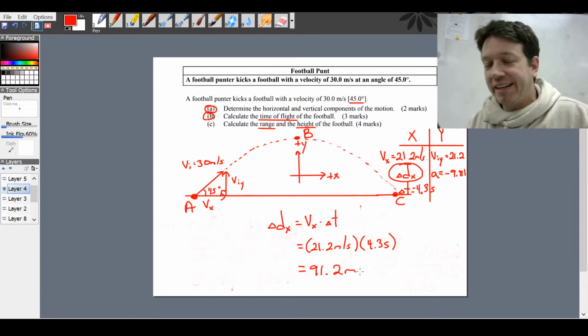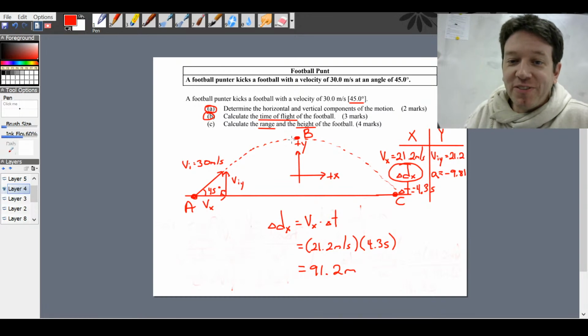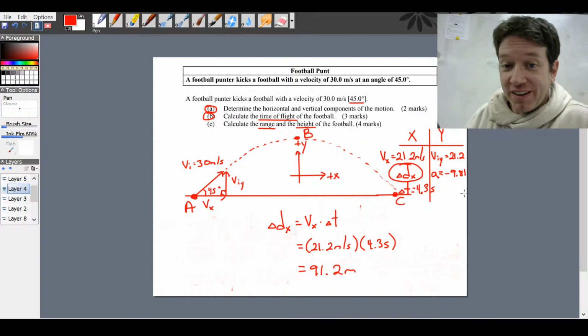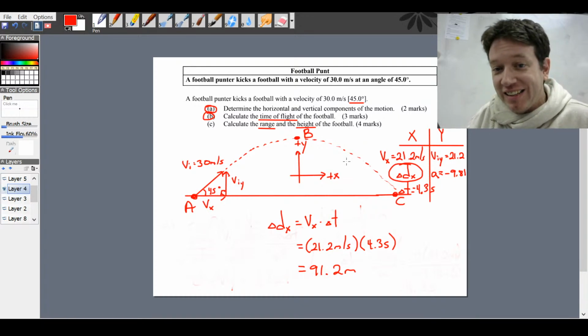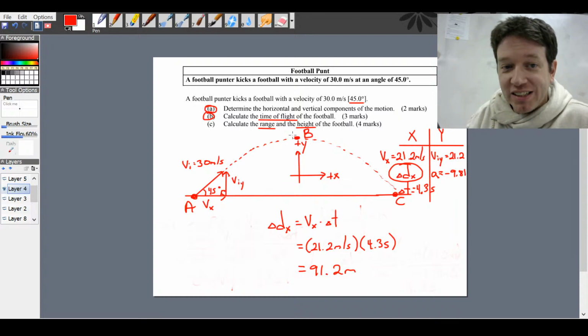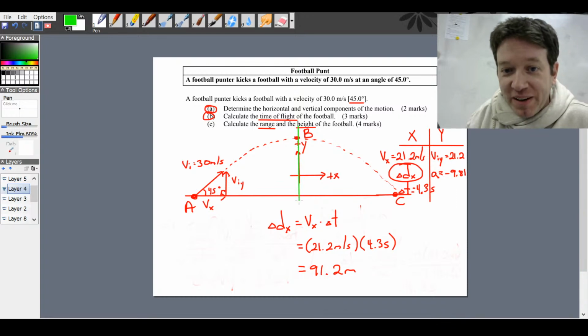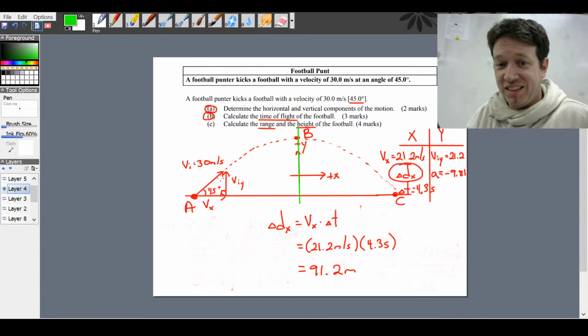Okay, that's easy. Now the last one, to find the height, you have two methods that you can do this. One, because this is nicely symmetrical, you can take the total time and really just split the problem in half and say the time to maximum height is half of 4.3 seconds.